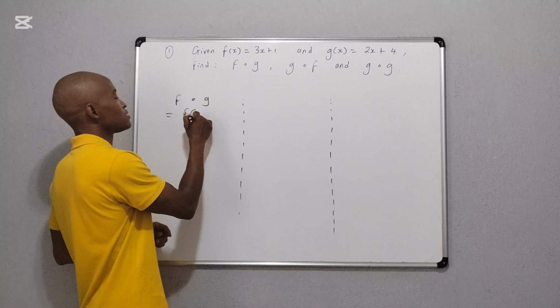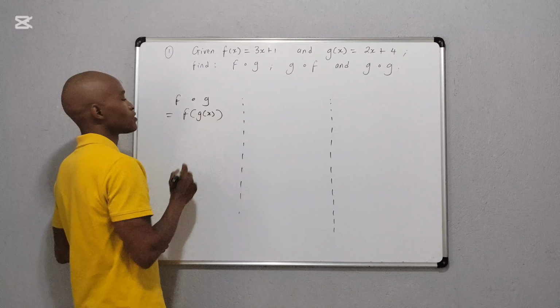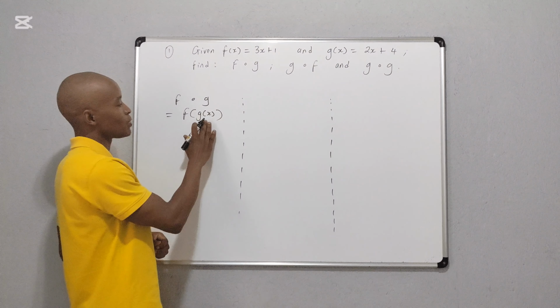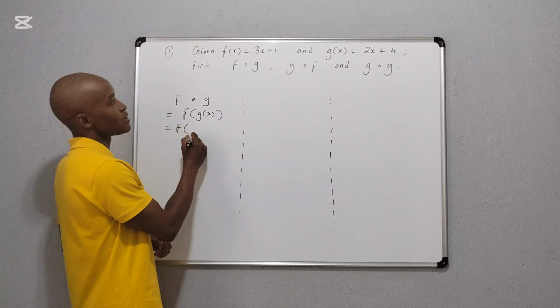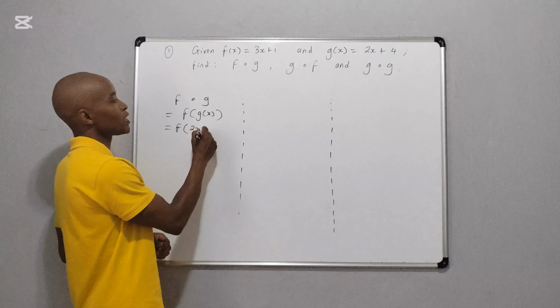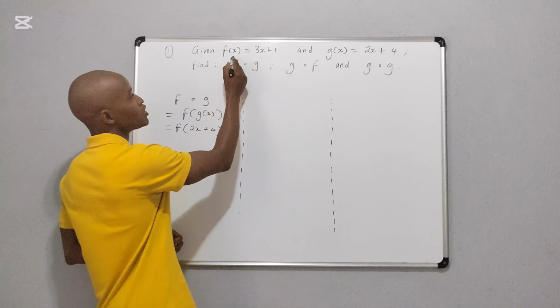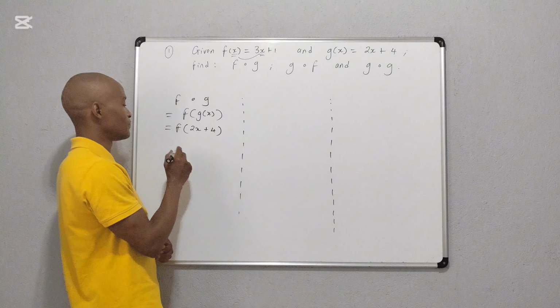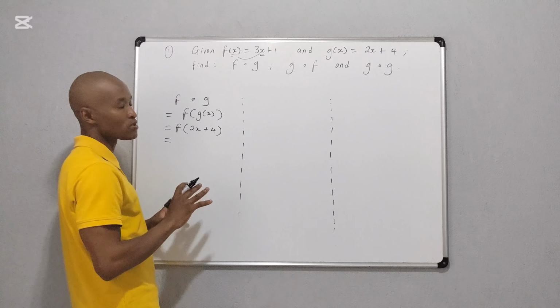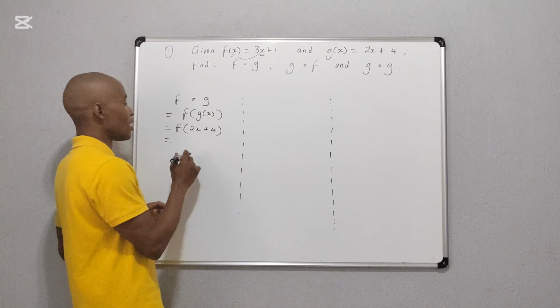We know that this is f composed of g, so we plug in g inside f, and this really means that the expression of g, 2x plus 4, right? Whenever we see x, we replace it with the expression of g, and the rest of the constants remain where they are.